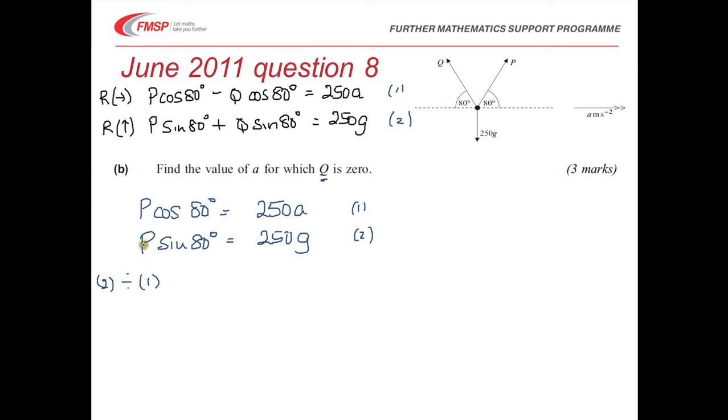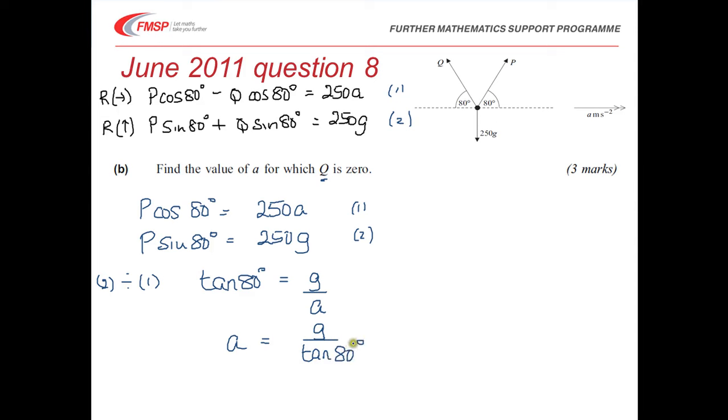Then we end up with P sin 80 over P cos 80, so we end up with tan 80. The Ps will cancel out. Just be very careful: you do need to make sure you divide in the correct order, so it'll be g over A. That means that A is equal to g over the tan of 80 degrees.